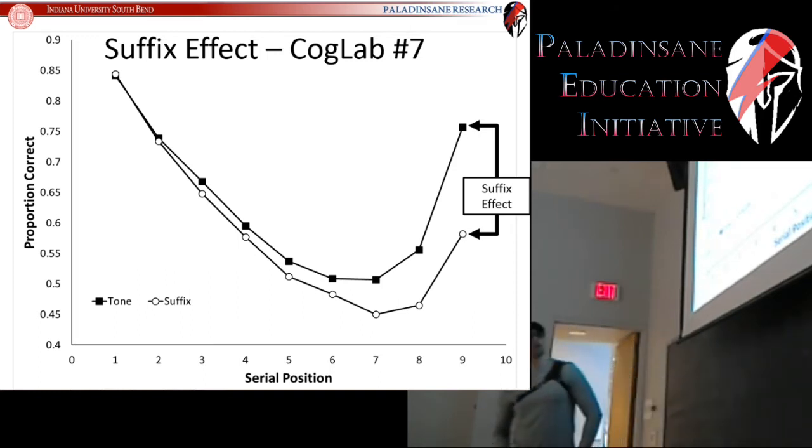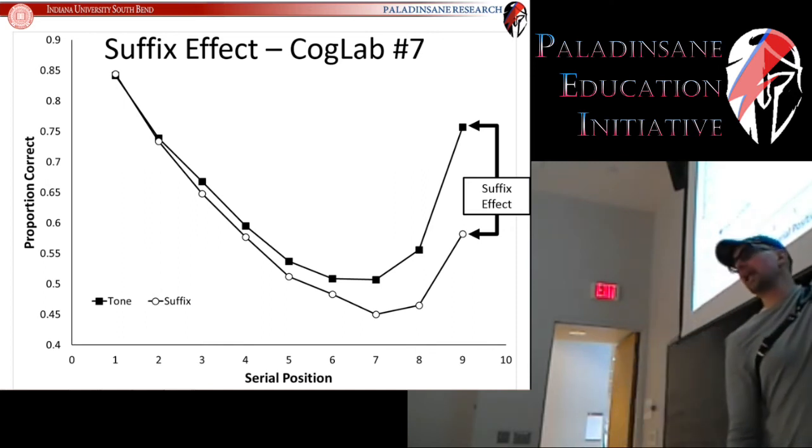exactly. So if you take a look, it's hard to see from the side, it's 9 and 8. So if you take a look during the suffix effect, how well you did on your last number that you were supposed to remember, not your actual last number. Remember, 0 was your last number. But how well did you do on your last number that you were supposed to remember? You do about as well as the second last number when you got the beep. So the fact that you do about as well as the second last number when there was a beep highly suggests that in your mind, you had this number as your last number, right?